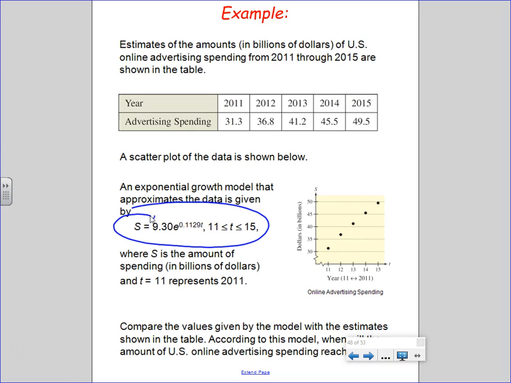And the nice thing is they're helping me know who is S, who is T. S is spending in billions. And T, well, 11 represents 2011. So when it says 11 to 15, what years are 11, 12, 13, 14, 15. Does that make sense?